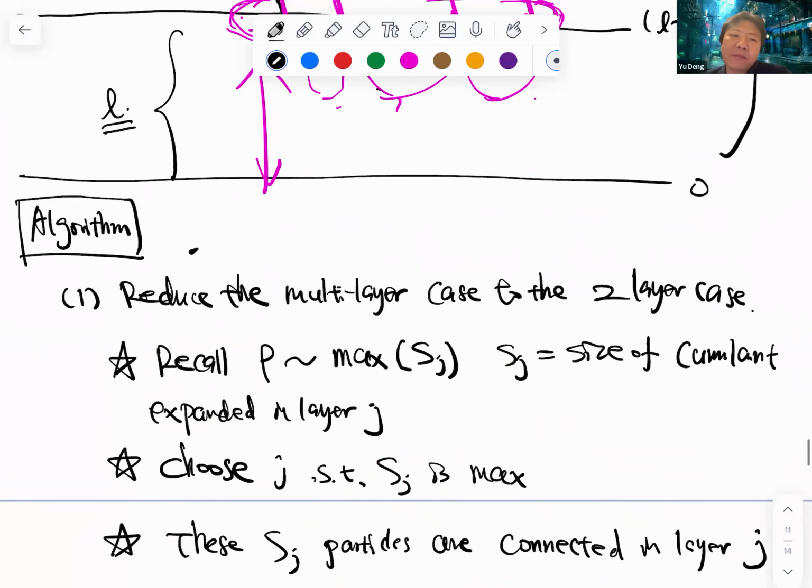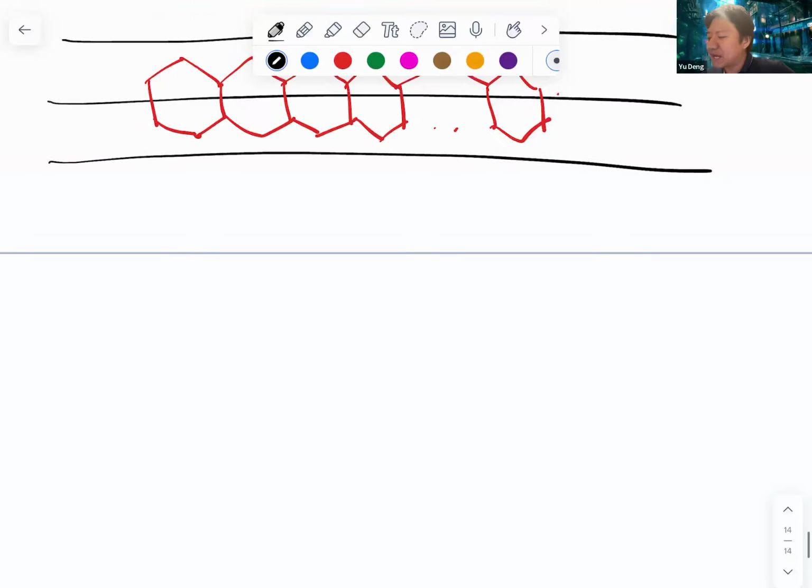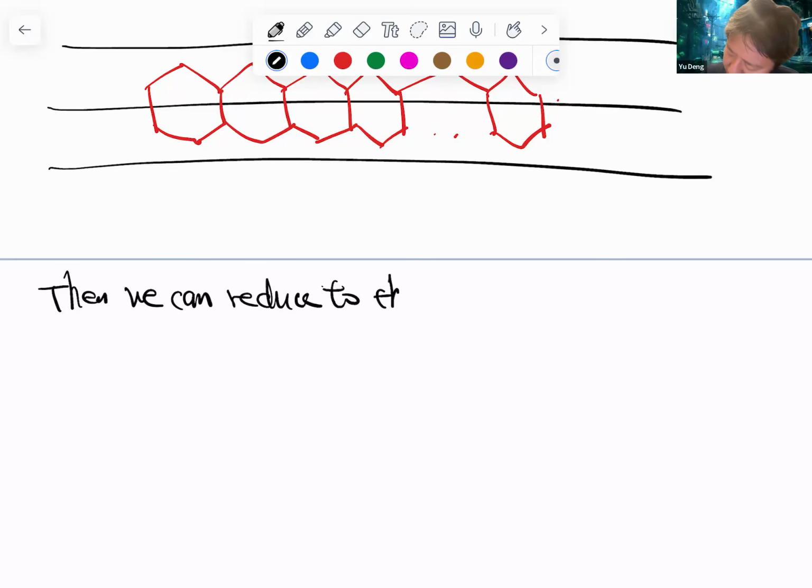And if we can solve the two-layer case, then we can guarantee the number of good components. So then we can reduce to the two-layer case.